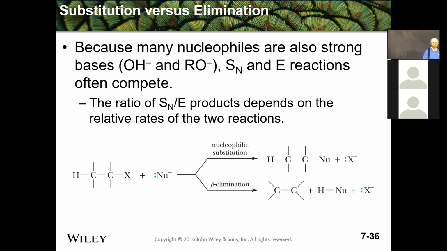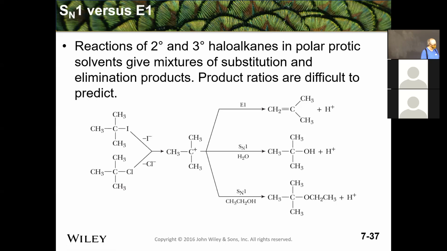Substitution versus elimination. I've been saying that these two compete with each other. The ratio of substitution to elimination products depends on the relative rates of these two reactions. Which one is faster? Reactions with secondary and tertiary haloalkanes and polar protic solvents give mixtures of substitution and elimination products, and so product ratios may be difficult to predict.